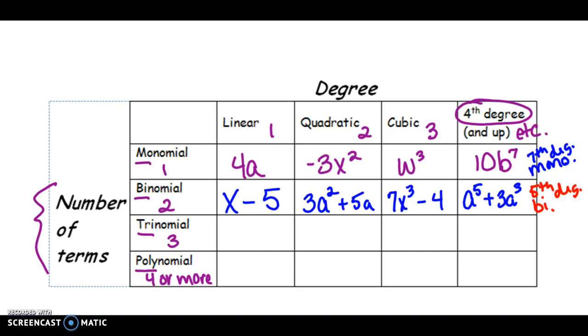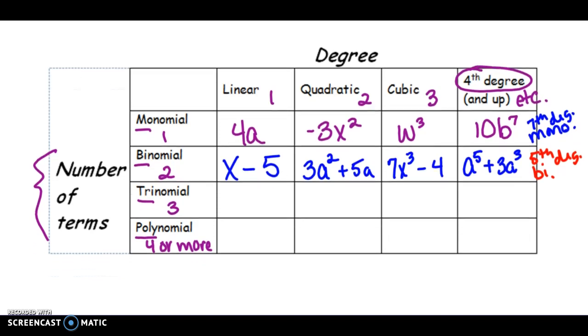Okay, trinomials. I need 3 terms. My highest exponent is a 1. Think about this. It's not possible to have 3 terms with the highest exponent of 1 unless I use different letters, but we're going to stick with all the same variable.